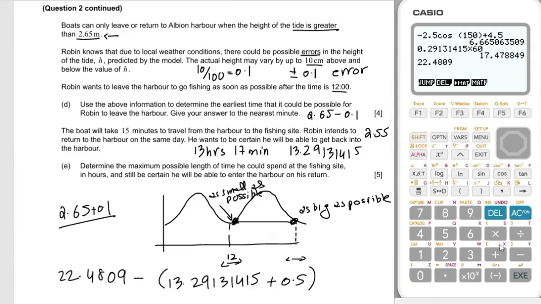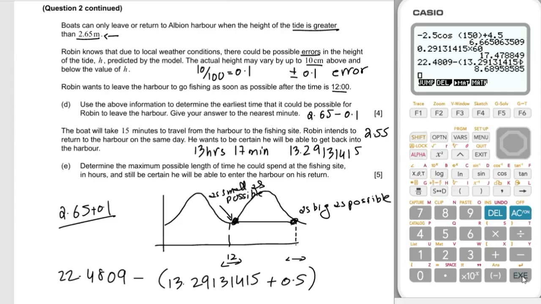22.4809, and subtract the sum of all these, 13.2913 and 1415, and add, remember, 15 minutes to go and 15 minutes to come back, so half an hour for that as well.